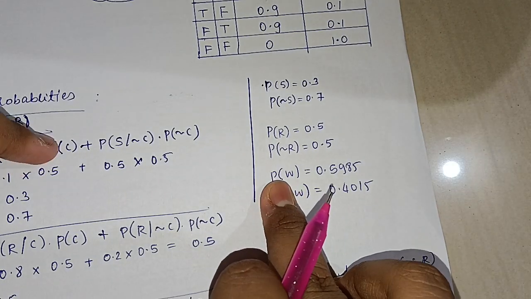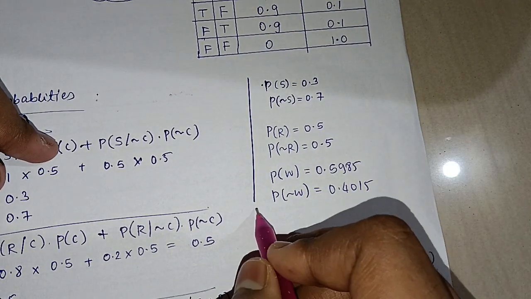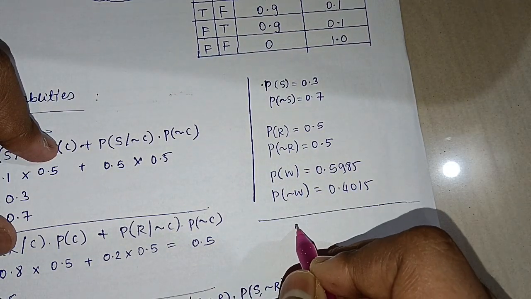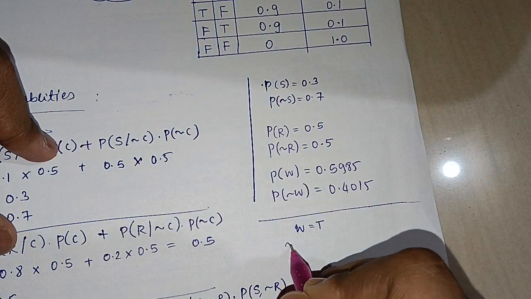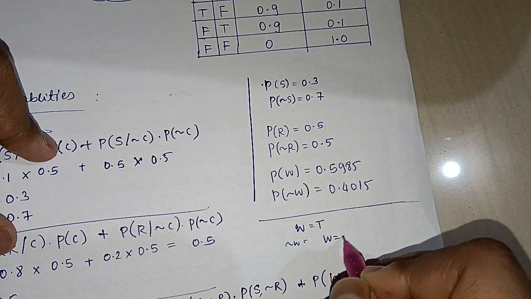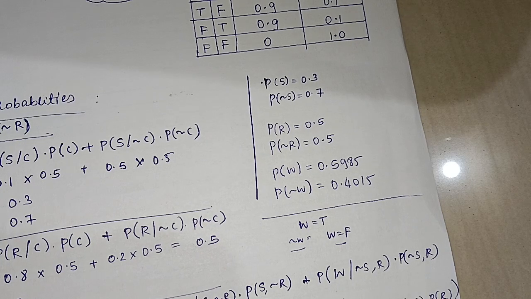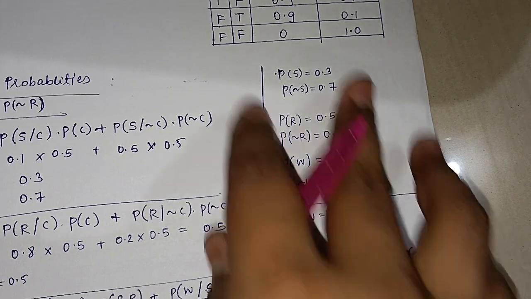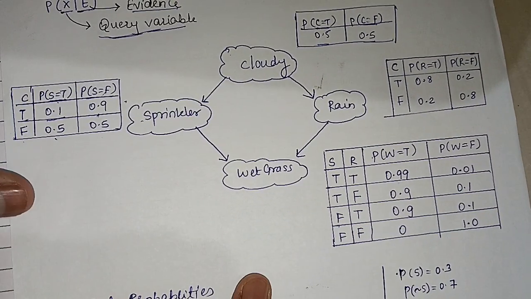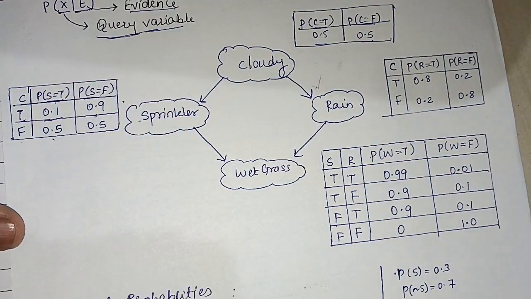What does it indicate? W and negation W. As I told you again, W means W equals T and negation W means W equals F. Okay. In this way, we have found the total probabilities. In this way, you have to find the total probabilities of these values.